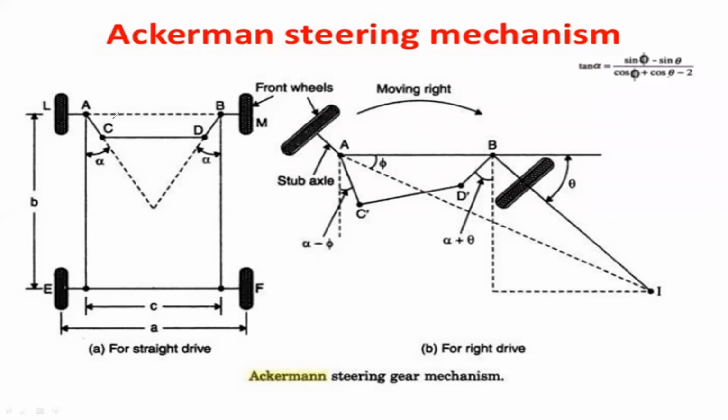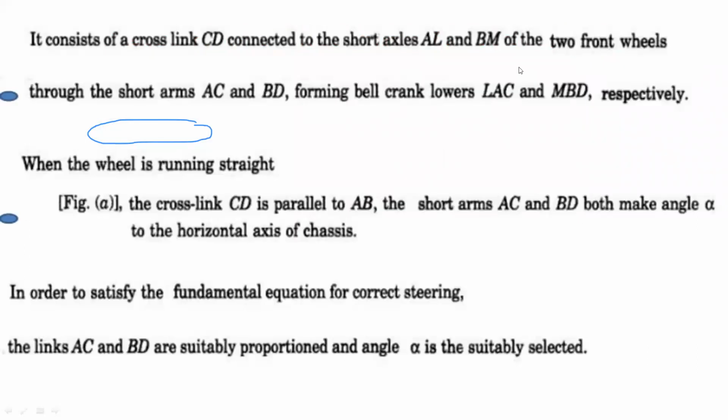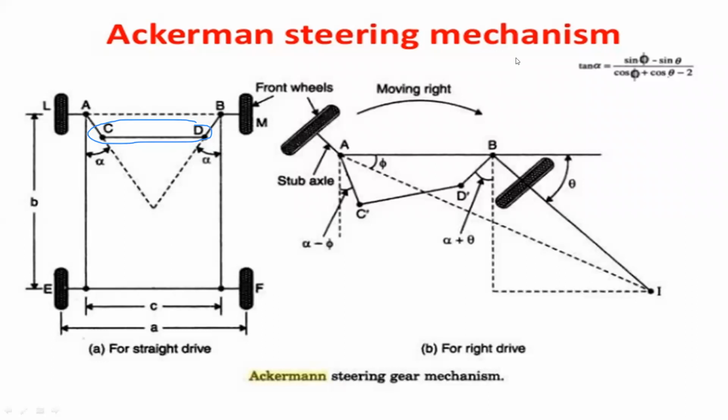The cross-link CD is connected to the short axles AL and BM of the front wheels.